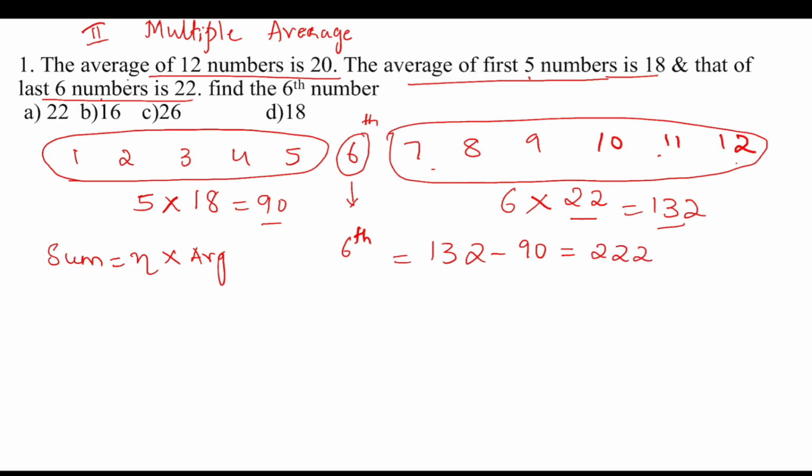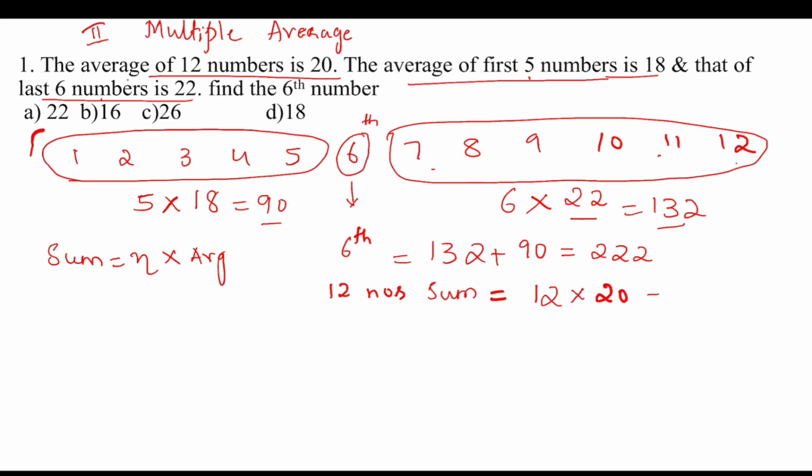Sorry, 132 plus 90 is how much? 222. But we know the sum of all 12 numbers we can find out. The sum of 12 numbers will be the number of entities, 12, into their average, 20, which they have given.